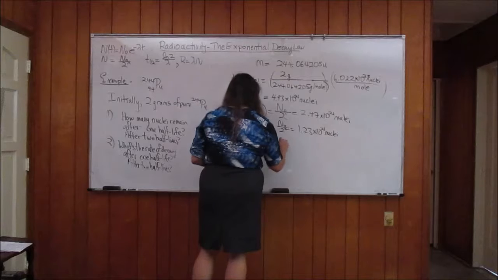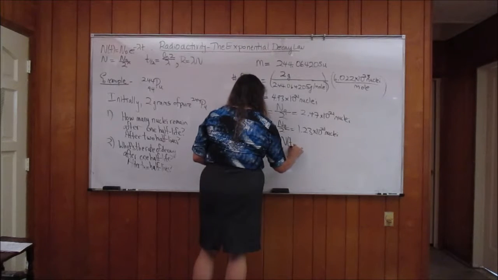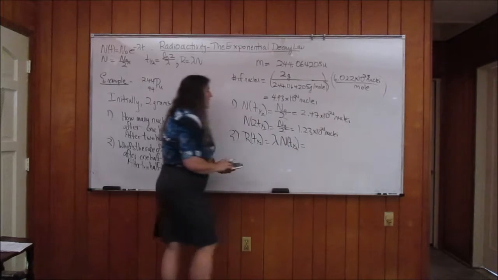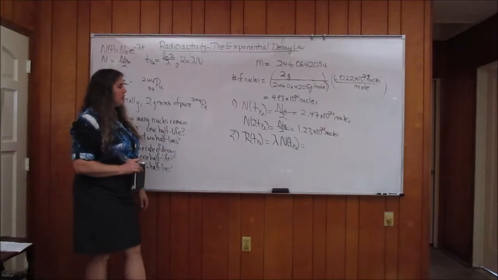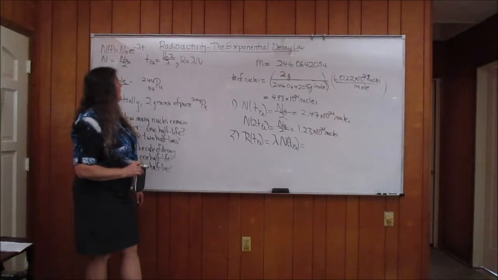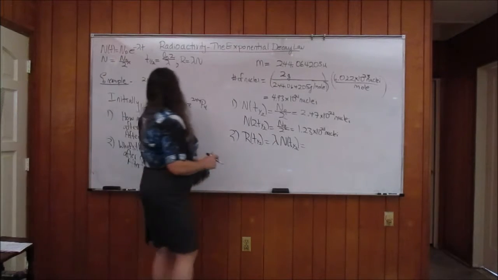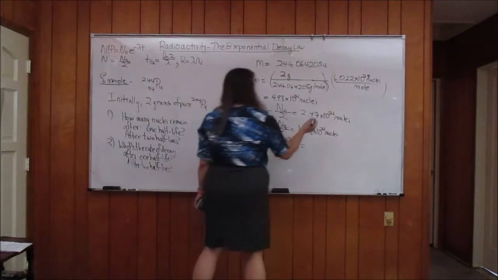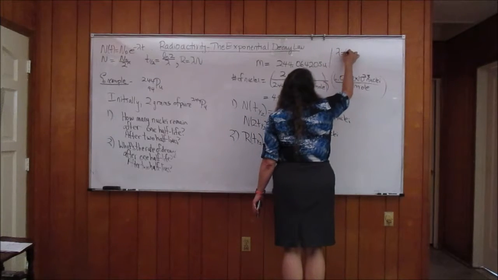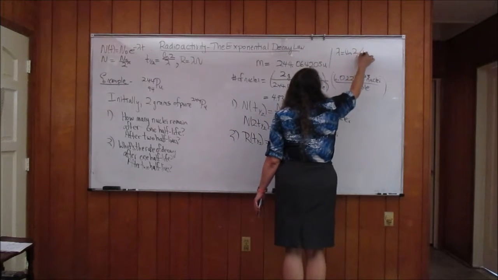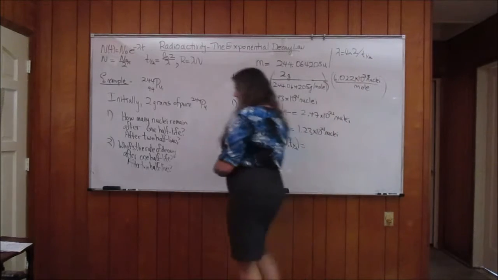Now to figure out the rate of decay after one half-life, well, that's just the probability of decay times the number of nuclei that remain after one half-life. Lambda is equal to natural log of 2 over t to the 1/2.